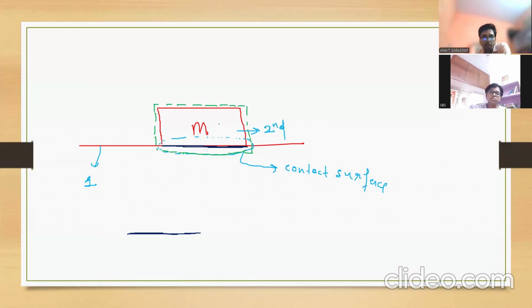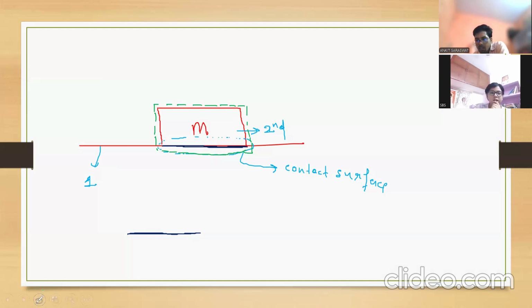Now on this block, who will apply the normal? The first surface. In which direction will it repel? The direction of normal is always perpendicular to the surface and has a tendency to repel the body. Now, the first body will repel the second body in which direction? Upwards, like this.